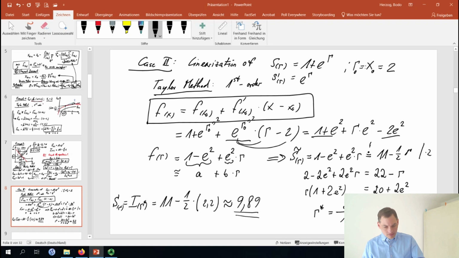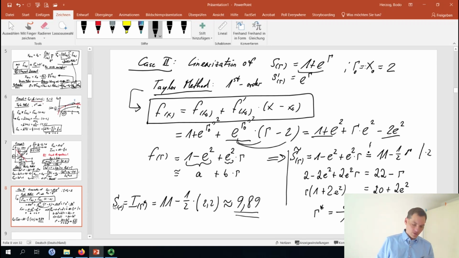Or you can immediately linearize this nonlinear curve by Taylor's method, and then equate it to the investment curve, solve it for r, and use this approximate solution in one of those functions, either the saving or investment function, in order to get the saving and investment amount in equilibrium.